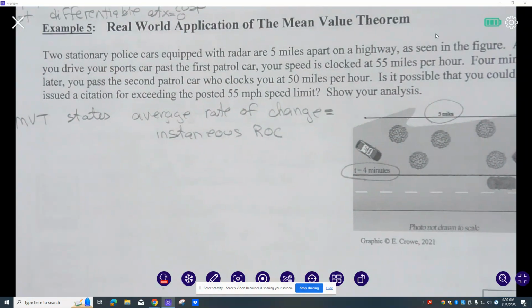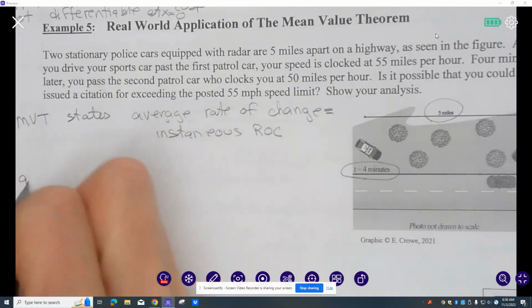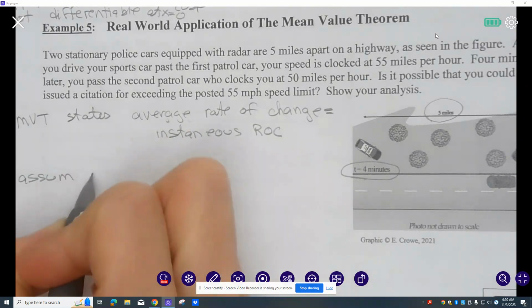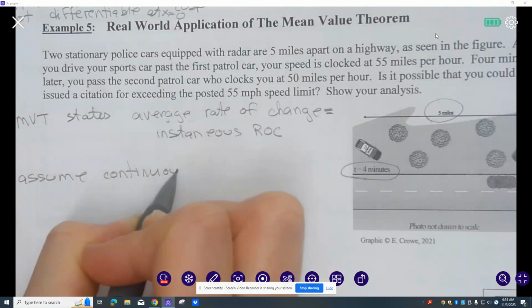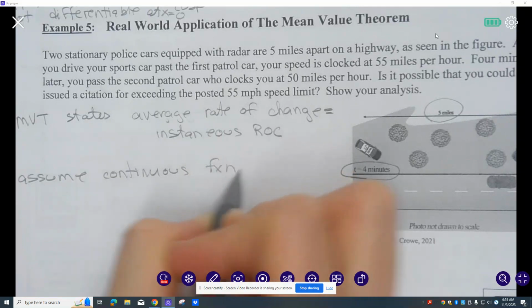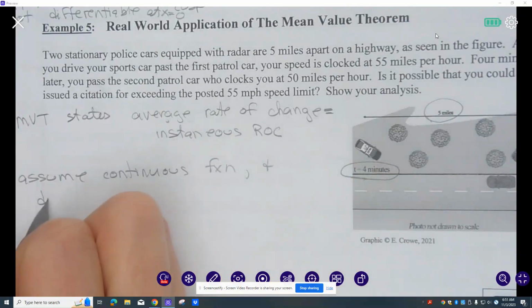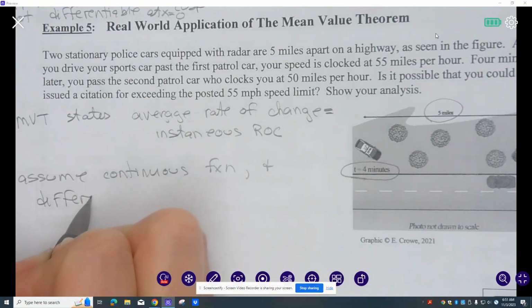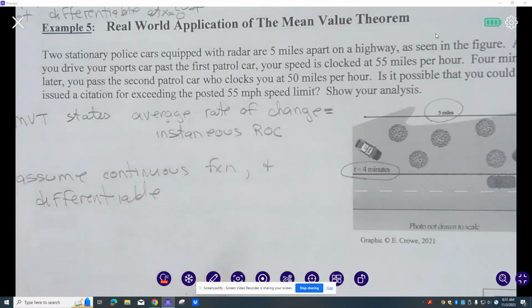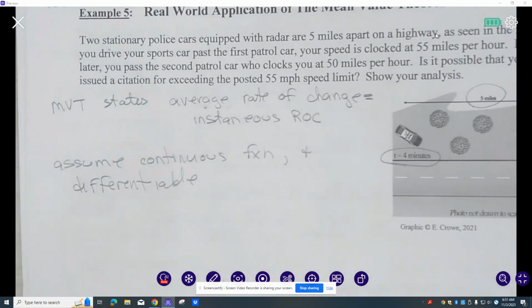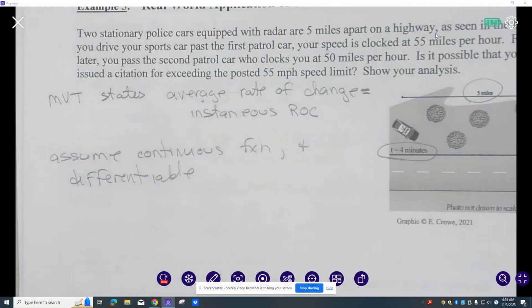You can also assume a continuous function. The car is always driving on the road. So I'm going to say assume continuous function and differentiable. Okay. So MVT does apply.